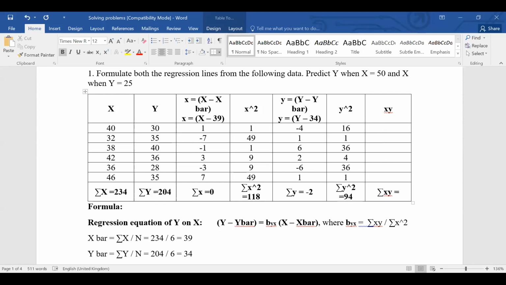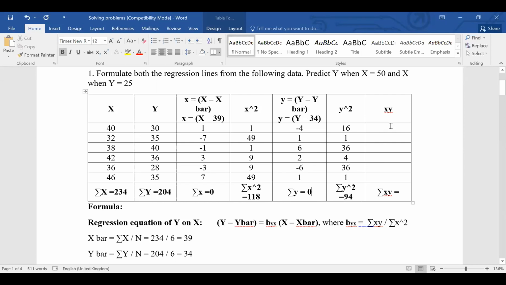Okay, thank you, Varsha. The summation is 0. Minus 6 plus 6 will be cancelled. Okay, so summation y also will be 0.